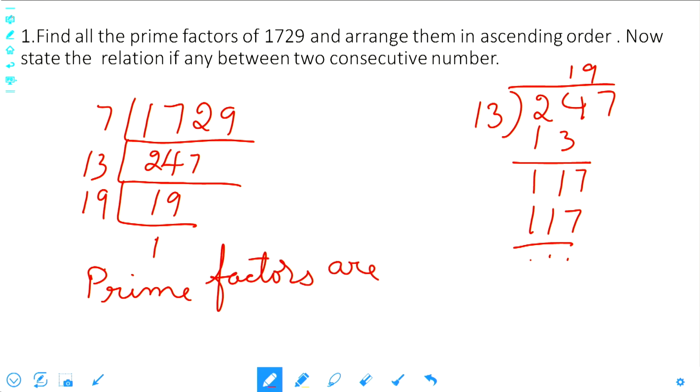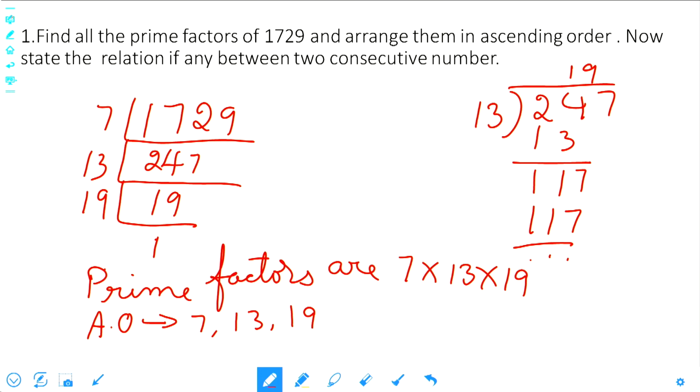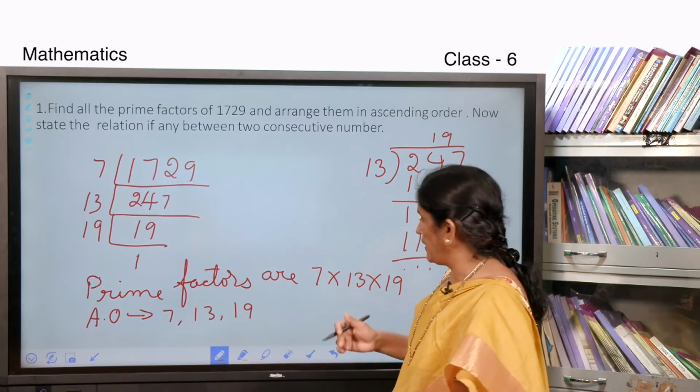Now, prime factors are 7 into 13 into 19, and they ask you to arrange in ascending order. So, ascending order, that is in the ascending order itself: 7, 13 and 19. And they also ask you to state the relation, if any, between two consecutive numbers. Consecutive numbers means continuous numbers.